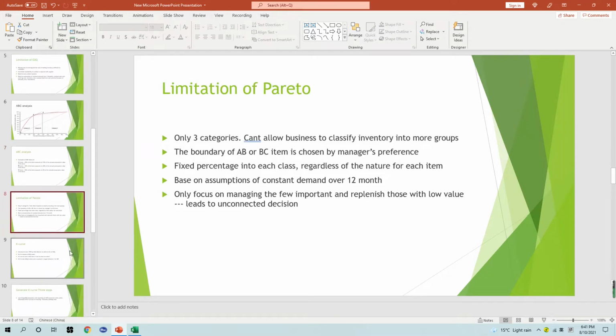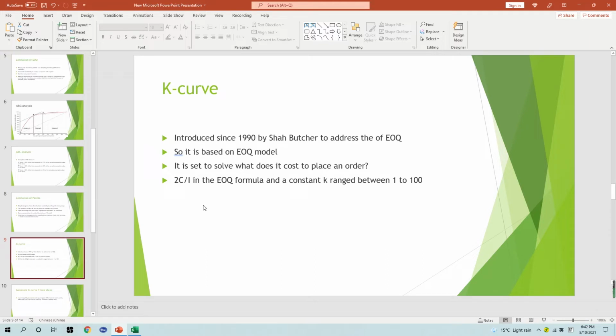Then we have this K-curve. The K-curve was introduced in the 1990s by Shah Butcher to address these EOQ flaws. It's based on the EOQ model, and it is set to solve what it costs to place an order.